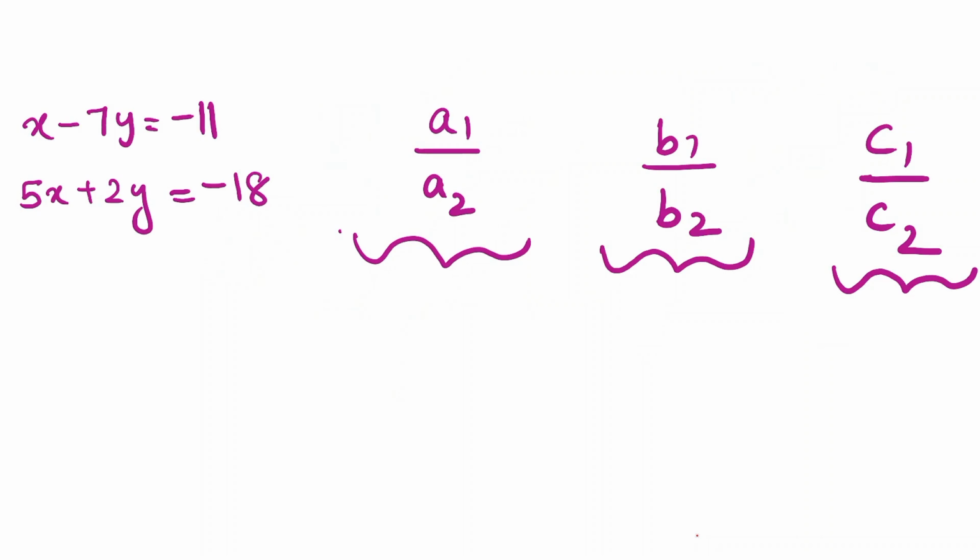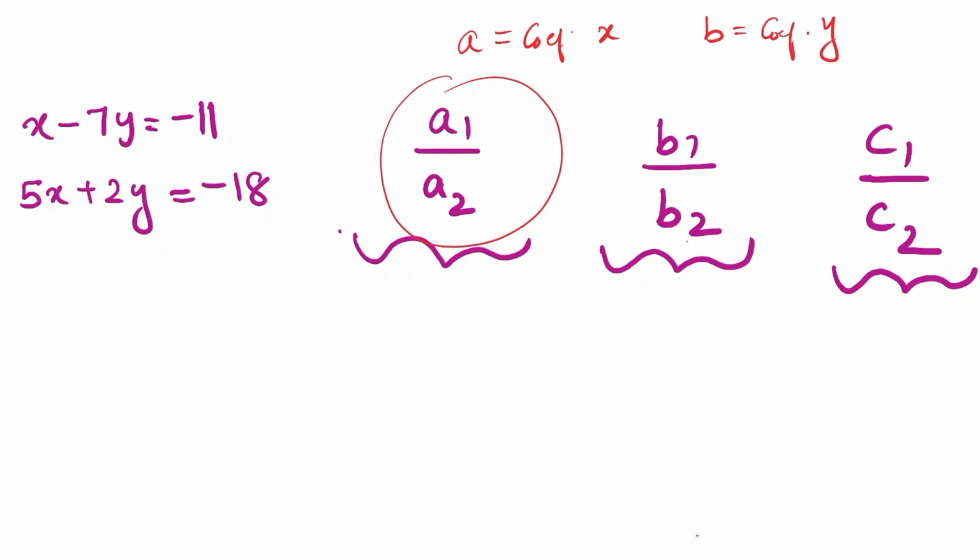And if we don't have graphs, we can find the nature of the solution by using the ratios a1 by a2, b1 by b2, and c1 by c2. A is the coefficient of x, b is the coefficient of y, and c is the constant. So a1 by a2 we can find from these two equations: here it is 1 and here it is 5, so a1 by a2 is 1 by 5.